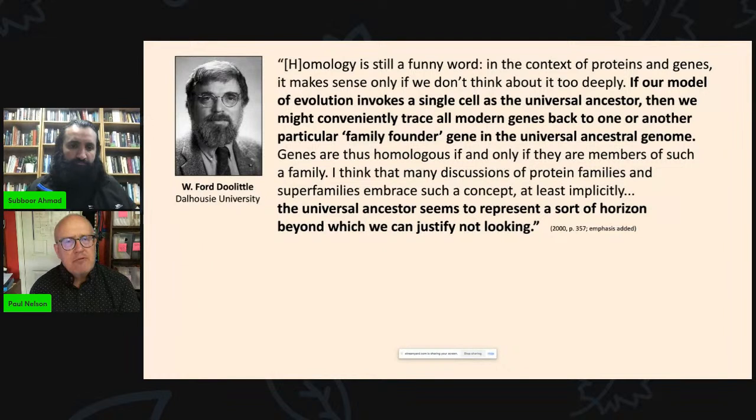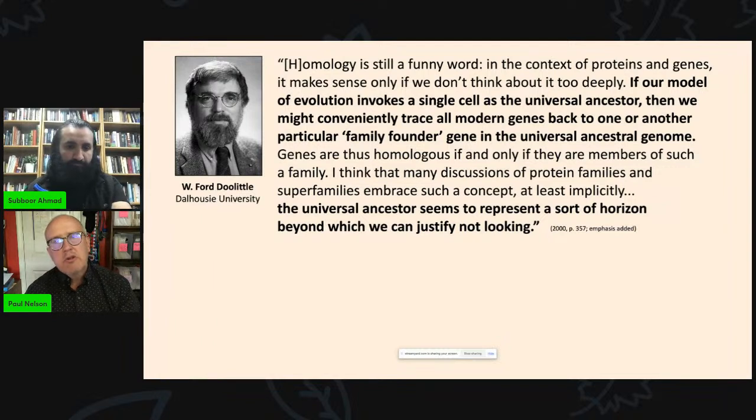And I think that's, I'll say parenthetically, probably the case for most biologists who don't, as Doolittle intimates here, think too deeply about homology. They see genes and proteins having lineages working their way back to the set present in the last universal common ancestor.